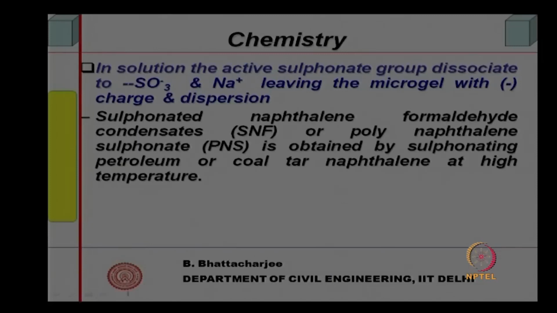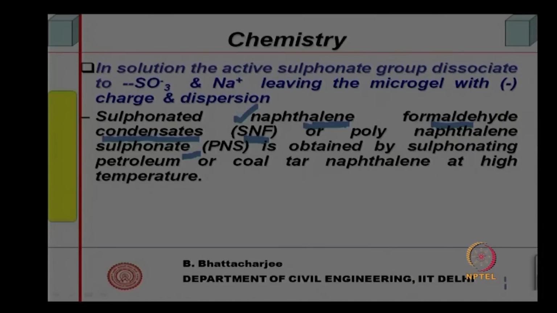The second one is the superplasticizer sulfonated naphthalene formaldehyde condensate, and we call it SNF. Another nomenclature is polynaphthalene sulfonate, PNS, but more commonly used is SNF.